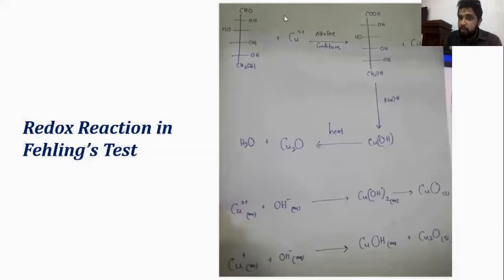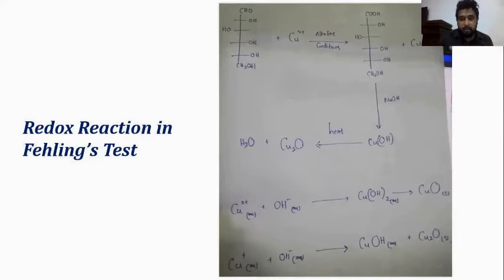We do require that complex because in an alkaline medium with hydroxide, Cu2 plus can form cupric hydroxide. Then when we do heating, this cupric hydroxide can convert into cupric oxide. What is the color of cupric oxide? It's black.